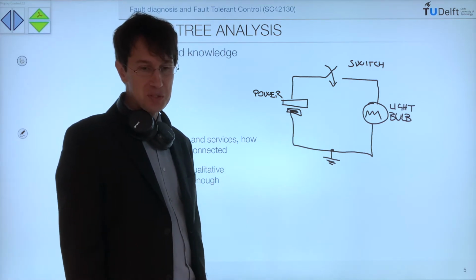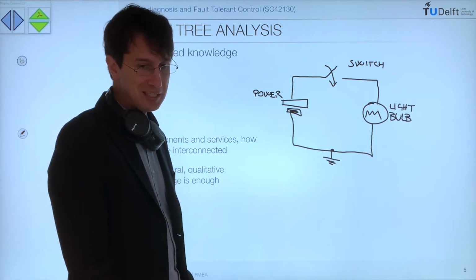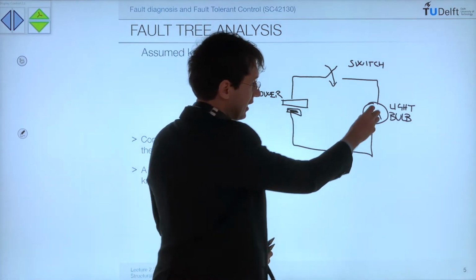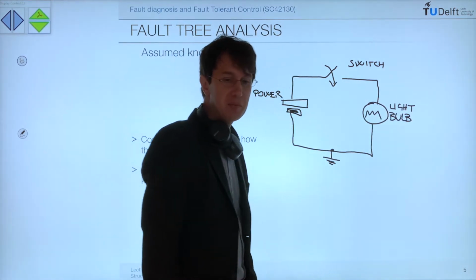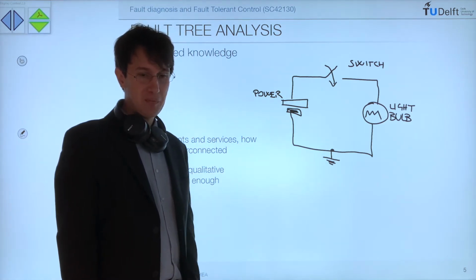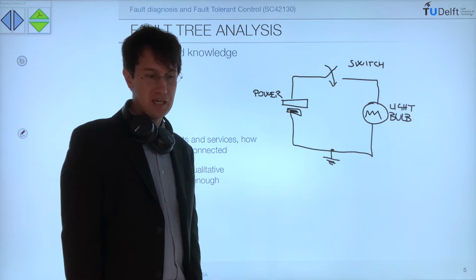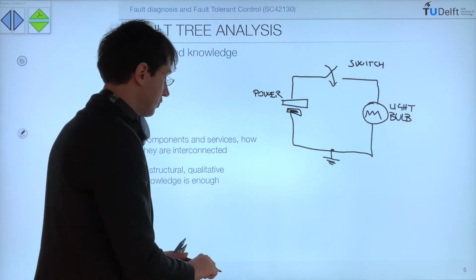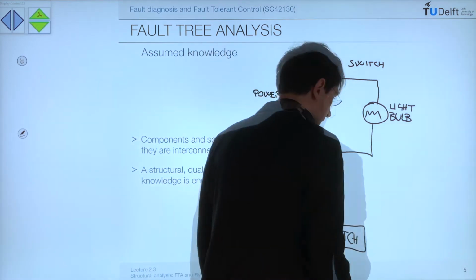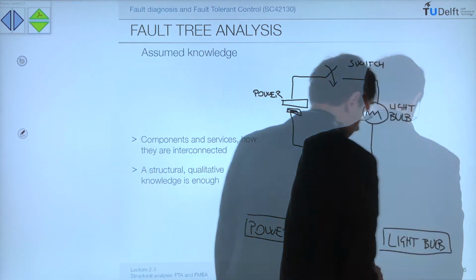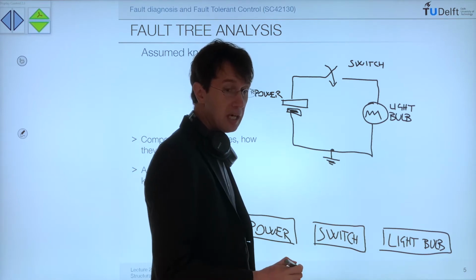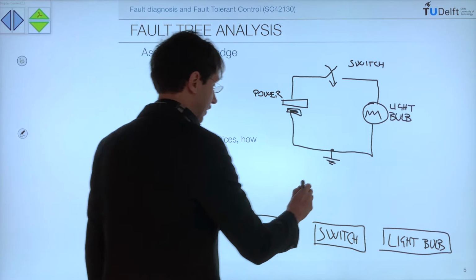So in normal conditions, what we want is to close the switch and get light. But in order for this to happen, we need that all the components are working. So the power, the switch, and the light bulb need to work, and we can represent these using a logic function.